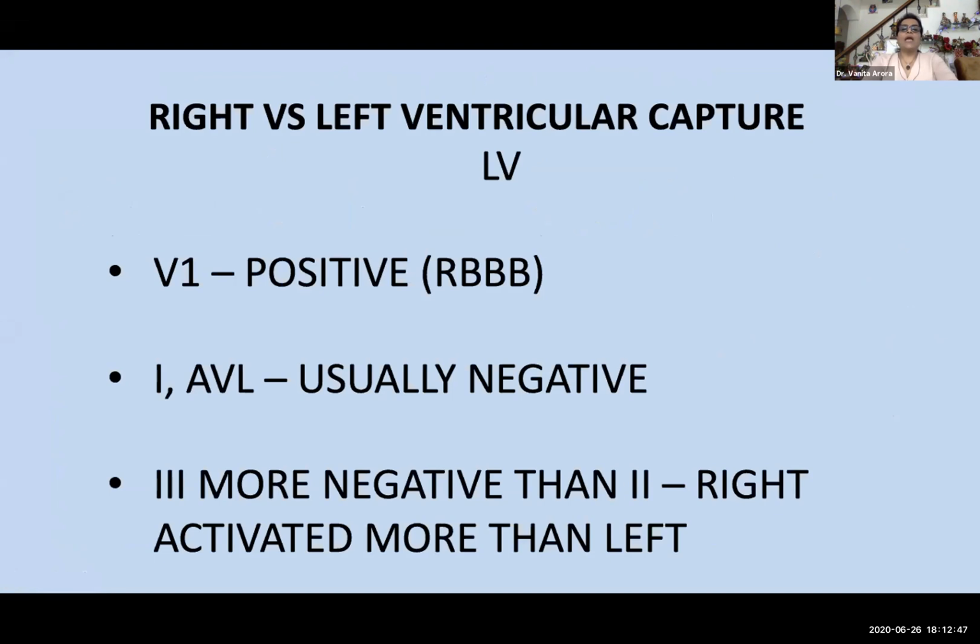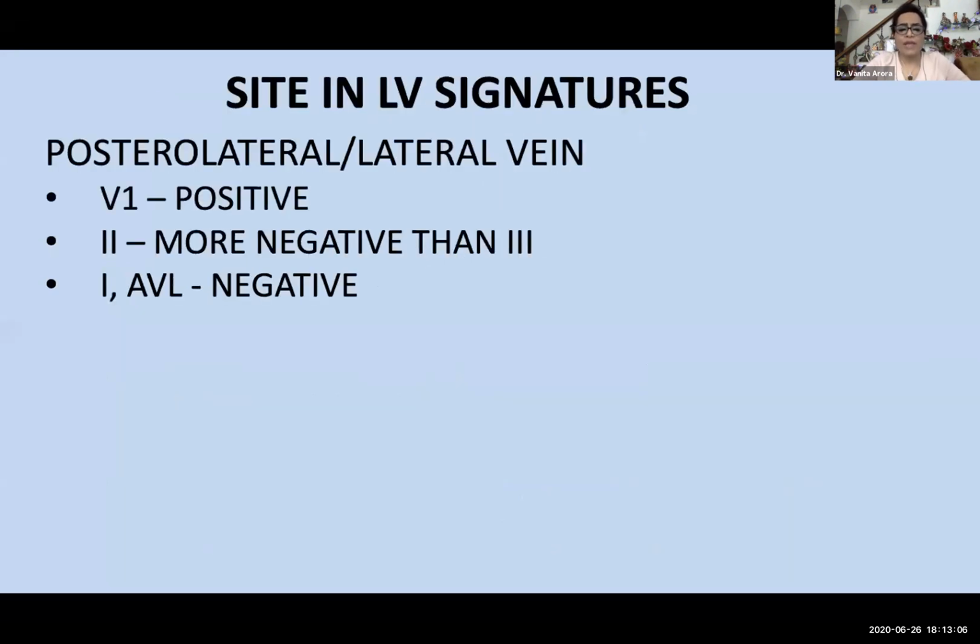So when we are looking at right versus left ventricular capture, left ventricular capture has to be a positive V1 and negative lead 1. But if you have lead 3 which is more negative than lead 2, then right is activated more than left. Please keep a note on that.